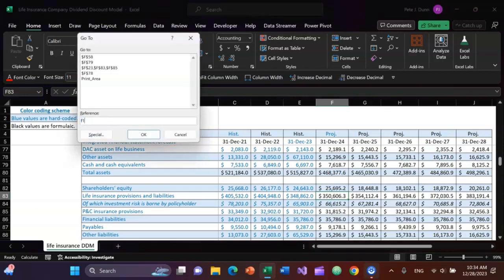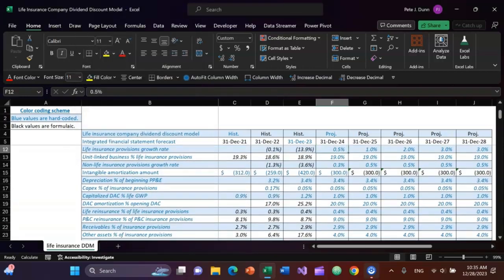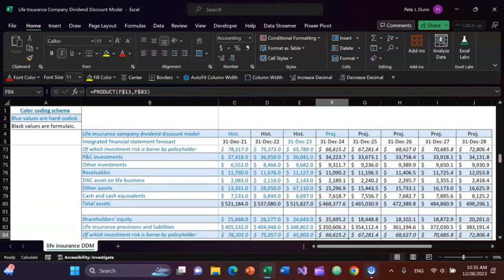So I can do F12 with the F5 menu, and you can see that that assumption, life insurance provisions growth rate, grows at an increasing rate throughout our forecast. And it levels off at 3% in 2027 and 2028. F5 enter.